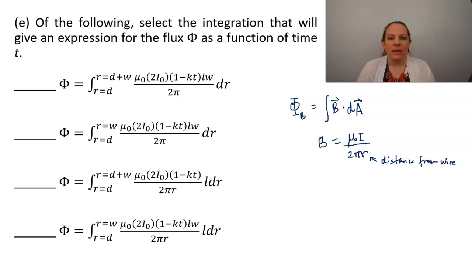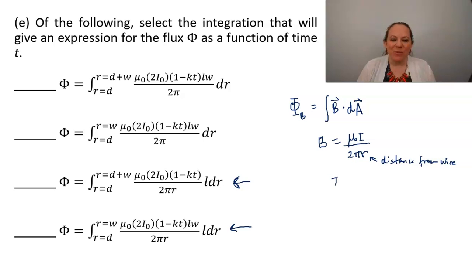But here's the thing, that distance isn't constant, right? So that's going to end up being the variable that we integrate over. Well, gosh, that lets us home in on either this one or this one, because those are the only two options that have the variable r to integrate over, and no, that's not a typo.